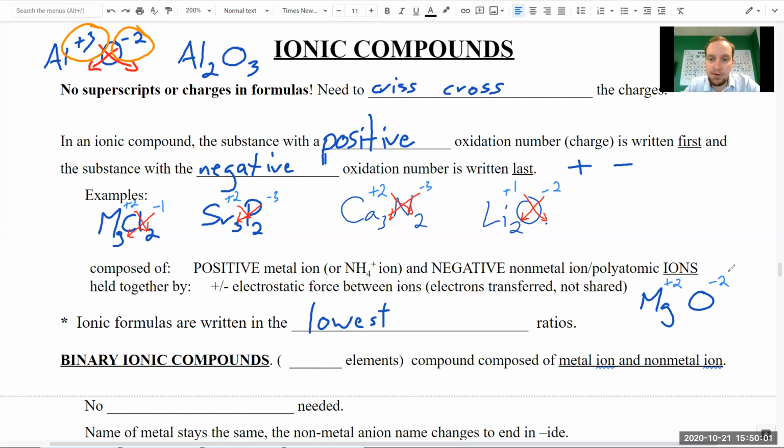Again, that's all based on the periodic table. So I do not do Mg2O2. Okay, we don't do that because even though, if I follow the proper technique and I do my crisscross and that moves down there and that moves down there, we do not write Mg2O2, because 2 magnesiums for every 2 oxygens is the same thing as 1 magnesium for every 1 oxygen, which is the exact same thing as 3 magnesiums for 3 oxygens or 4 magnesiums for 4 oxygens.